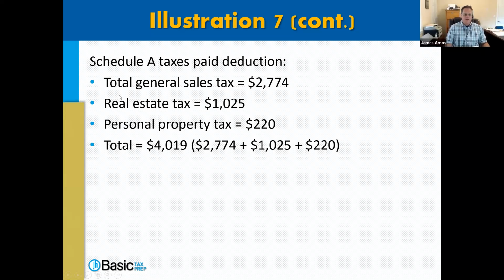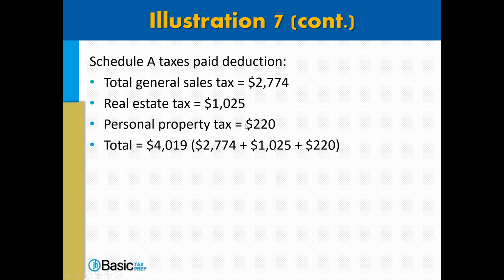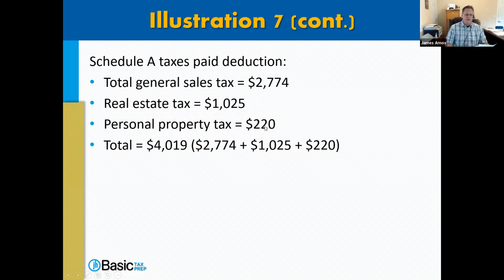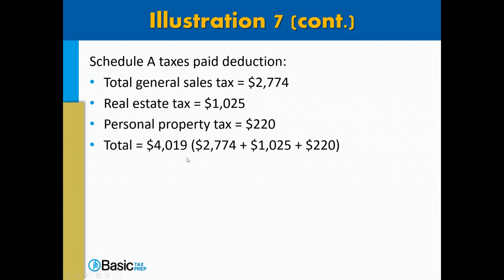Now she also paid real estate taxes of 1,025. What line does that go on? 5B. Perfect. She also paid that personal property tax, $220, for the value of her van. What line? 5C. When you add it all together, what's her total taxes that she can potentially take? 4,019.